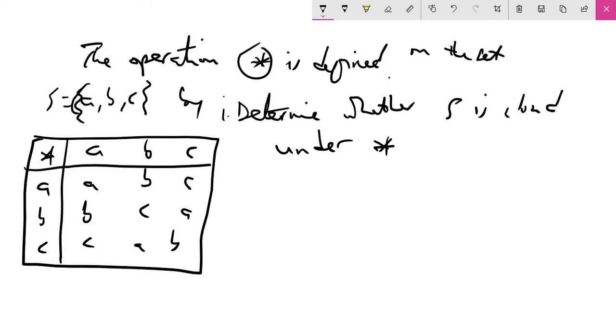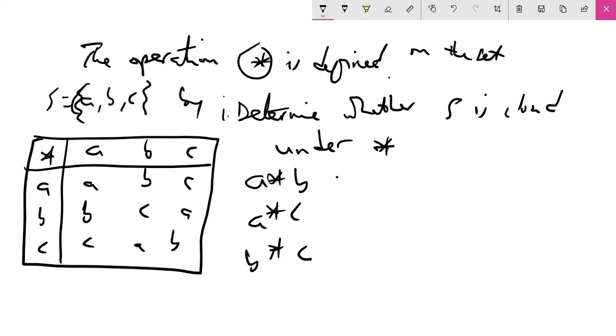So obviously what we do is we check every single operation: A star B, A star C, B star C, right? And yeah, that's pretty much it.